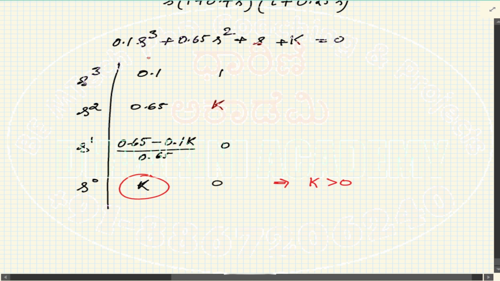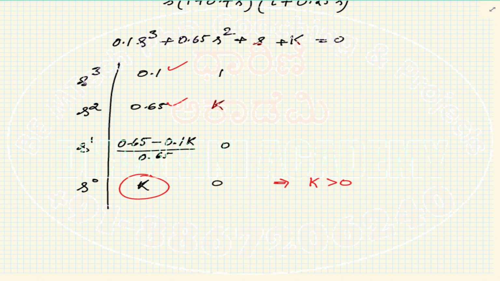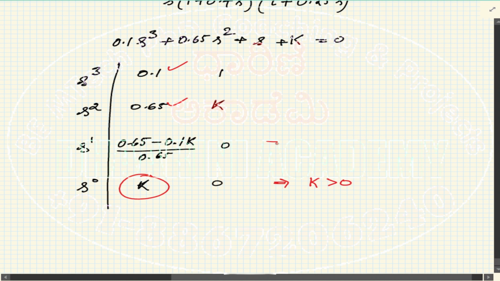Now, this is positive, this is positive. Under what condition this other term is positive, I need to trace out. So this implies that 0.65 minus 0.1 into K must be greater than 0.